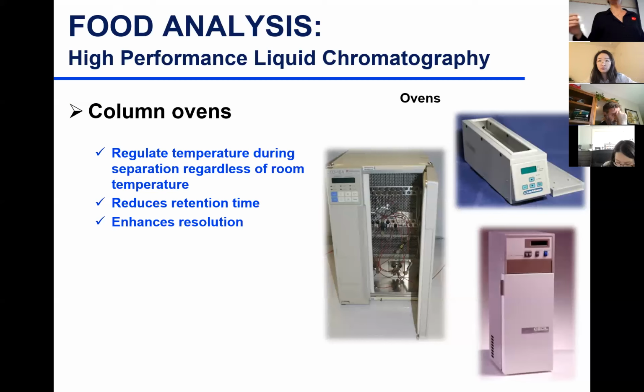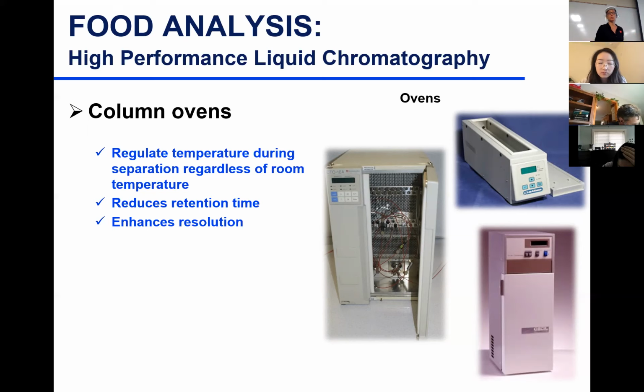But even if you're running at room temperature, it's best to place the column in that compartment and set that temperature, which is room temperature, 24. Because if you are in a lab in summertime and you have your air condition on, and then the air condition goes off and the temperature goes up and the air condition goes back on, you have a fluctuation of temperature between possibly 28 and 20 degrees Celsius.